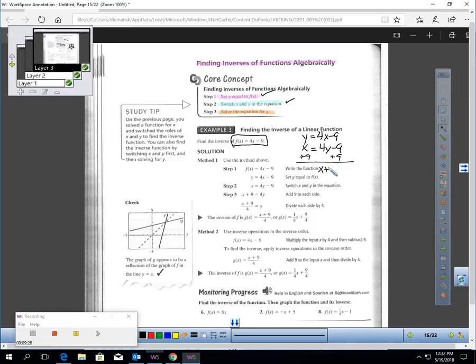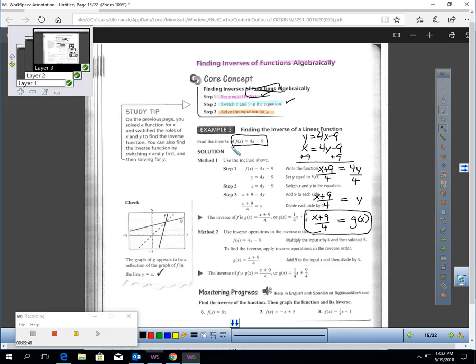So x plus 9 would equal 4y, and then I'll divide by 4, and y would equal x plus 9 divided by 4. And since they want a function, I'm going to use function notation. Instead of calling it y, I'll call it g of x. G of x would equal x plus 9 over 4. So this is the inverse function.